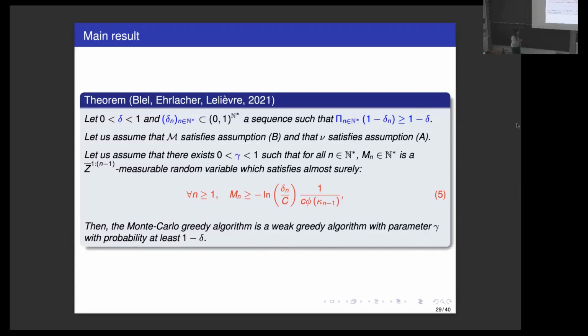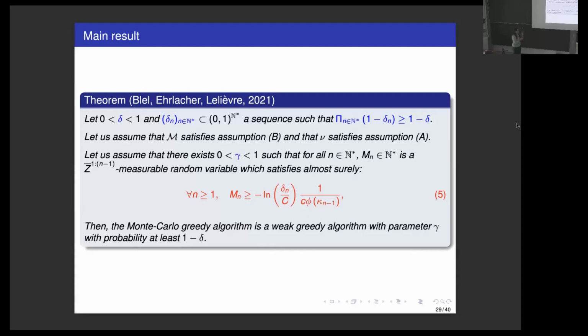Okay. And then if the number of samples used at each iteration of the greedy algorithm is chosen according to this inequality, then you can guarantee, using this concentration inequality, that the Monte-Carlo greedy algorithm will be a weak greedy algorithm with parameter gamma with probability at least 1 minus delta. Okay.